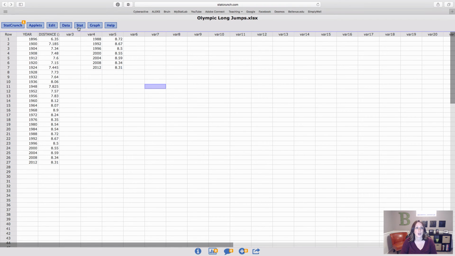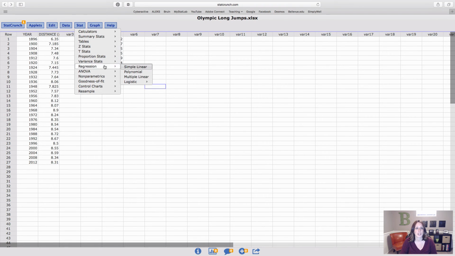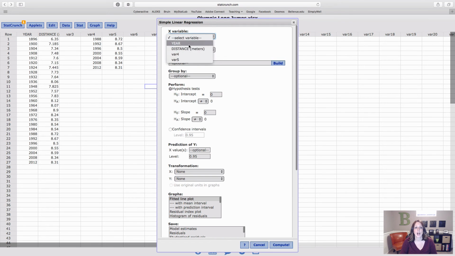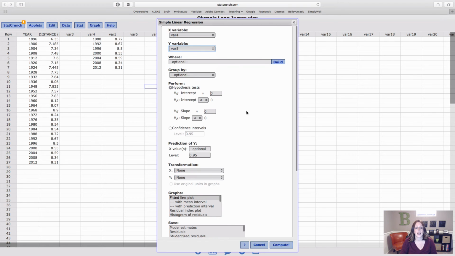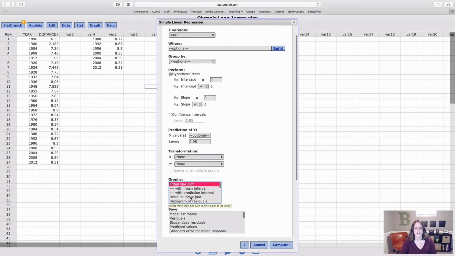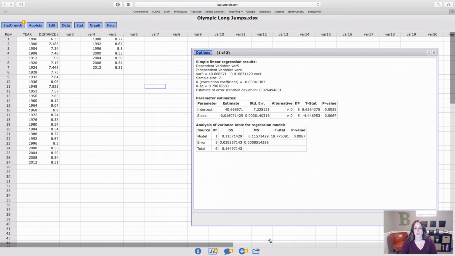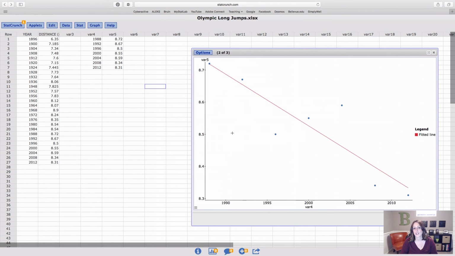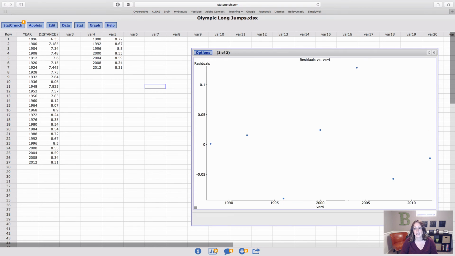So now if I go to Stat, Regression, and Simple Linear, I'm going to choose var4 and var5, and then I can use the fitted line plot, and of course the residuals, and compute. And that changes things dramatically because now I have one that's decreasing, and a residual plot here as well.